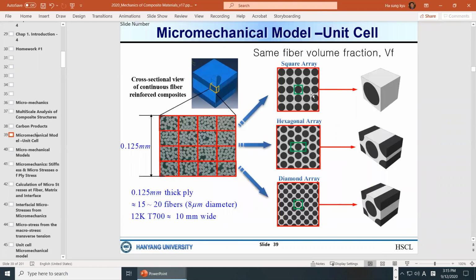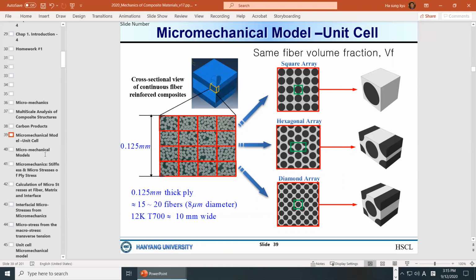What it means is that, in each unicell, we have fibers and resin, and this unicell will have to deform together, and there will be some equivalent material property, and there will be some stress concentration because of this fiber inclusion in the resin.